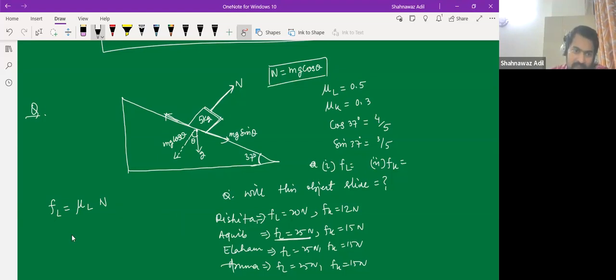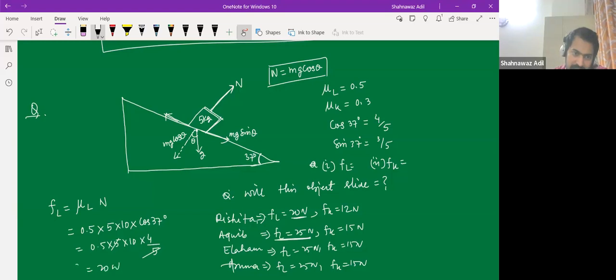Yes, everyone. So we have mu L, which is 0.5, and m is 5, g is 10, and cos of 37 is 4 by 5. So this is 0.5 times 5 times 10 times 4 by 5. The 5 cancels, and 0.5 times 10 is 5, 5 times 4 is 20.